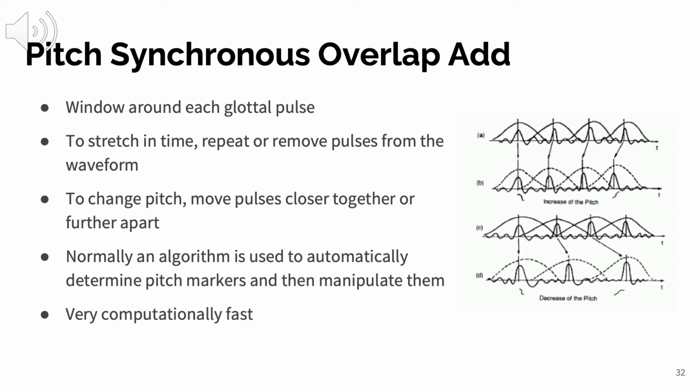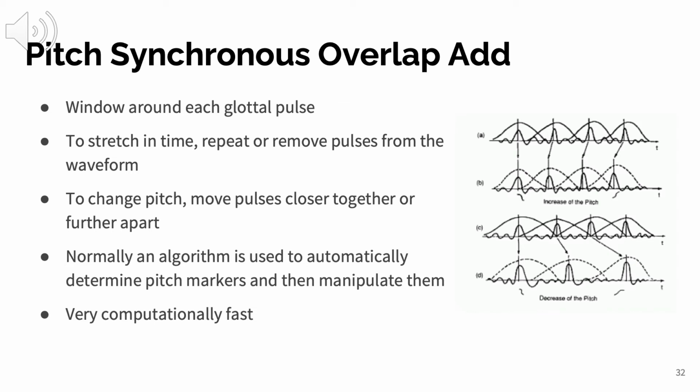So if we move those pulses closer together in the time domain, we're increasing the pitch of the sound being produced, while all of the formant characteristics, the higher frequencies, are retained within each pulse. And if we wanted to decrease the pitch, we would simply move them further away from one another.